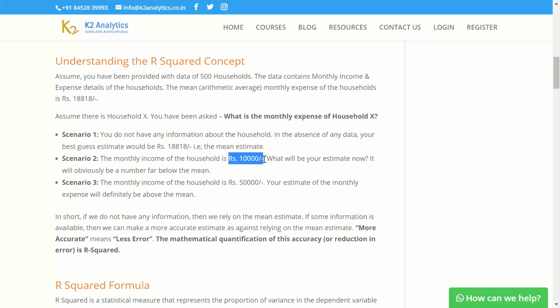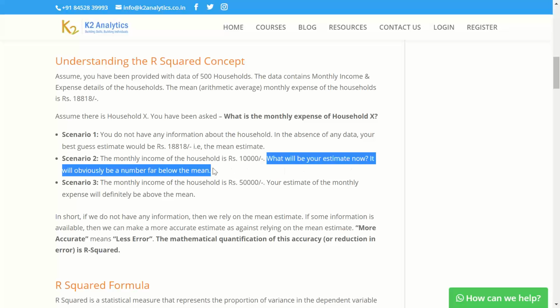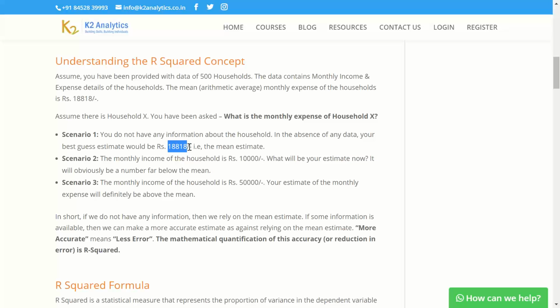Obviously, the moment I give you the income information, logically, we know if a family is earning rupees 10,000 per month, they would try to ensure they live within their means. So they will try to ensure their monthly expense, their monthly budget, does not exceed rupees 10,000. So the estimate in this case will be a number which will be definitely below the mean of the overall data, which is 18,818.